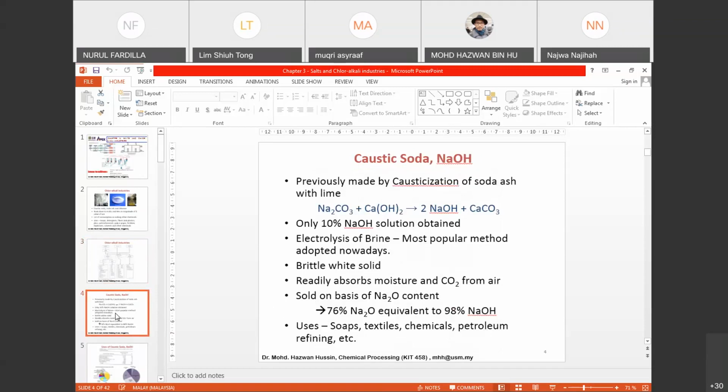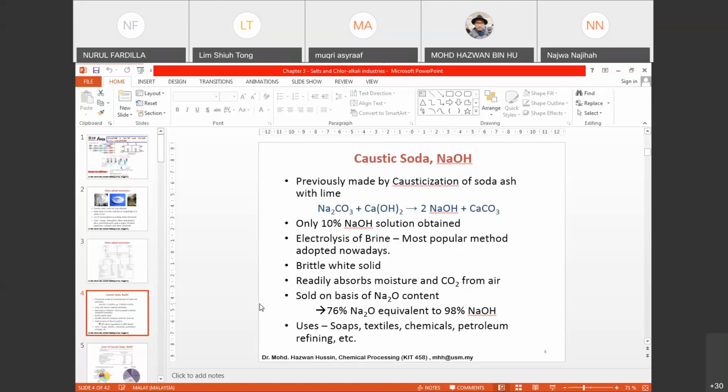The first chloralkali product, caustic soda, is normally produced by causticization of soda ash with lime. Sodium carbonate reacts with calcium hydroxide to produce sodium hydroxide plus calcium carbonate. The only problem is that the causticization process only produces around 10% sodium hydroxide.